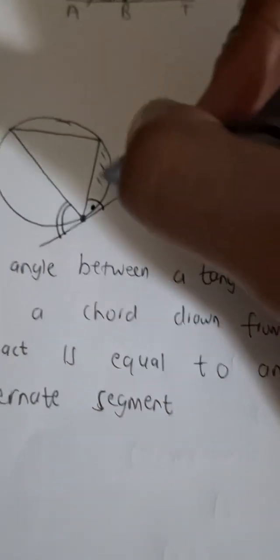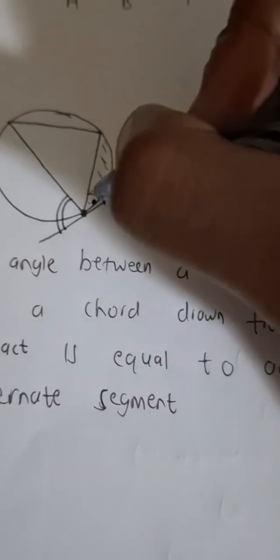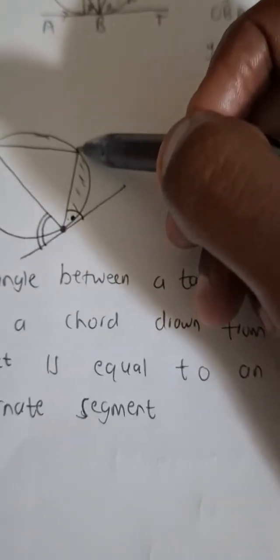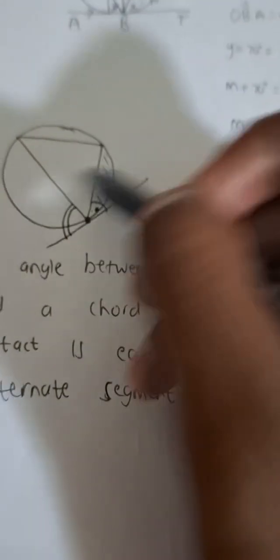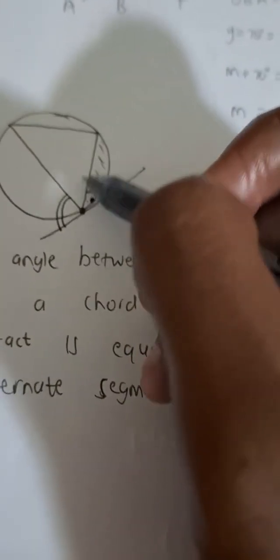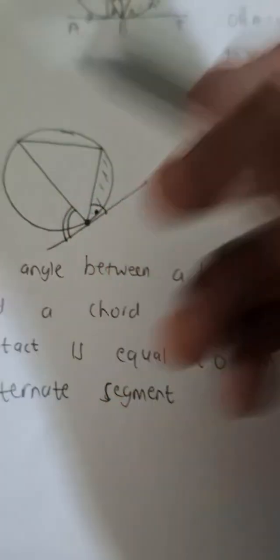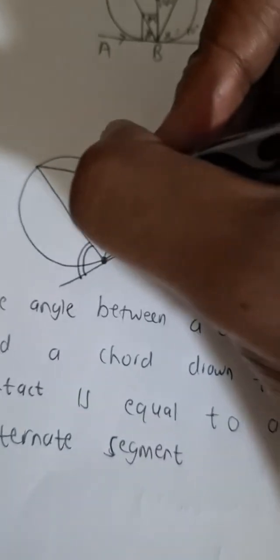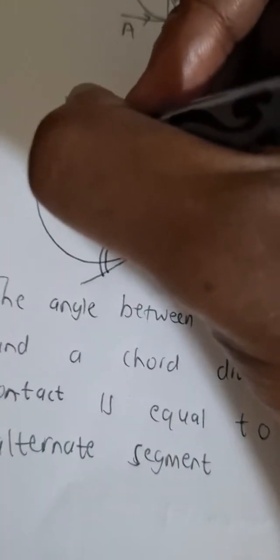This chord allows us to have this small segment. This same chord has this major segment, because this chord closes off and we have this major segment on the other side. So this chord subtends this angle, this one.